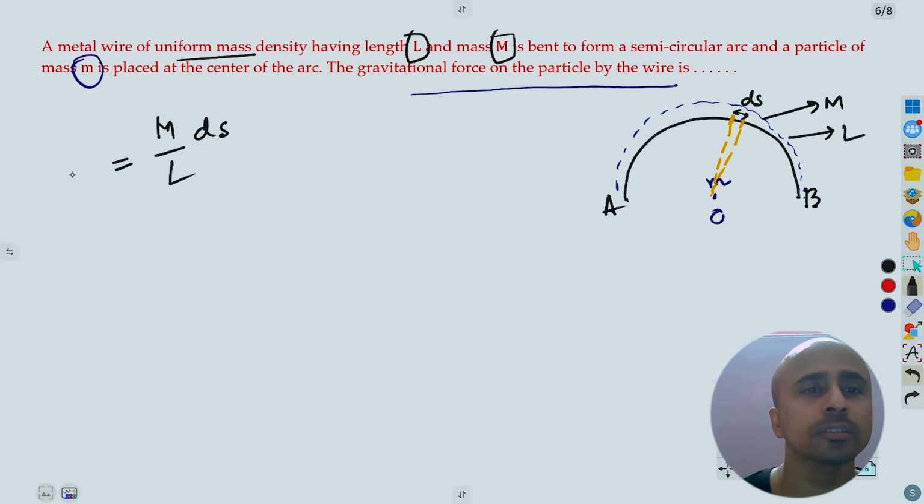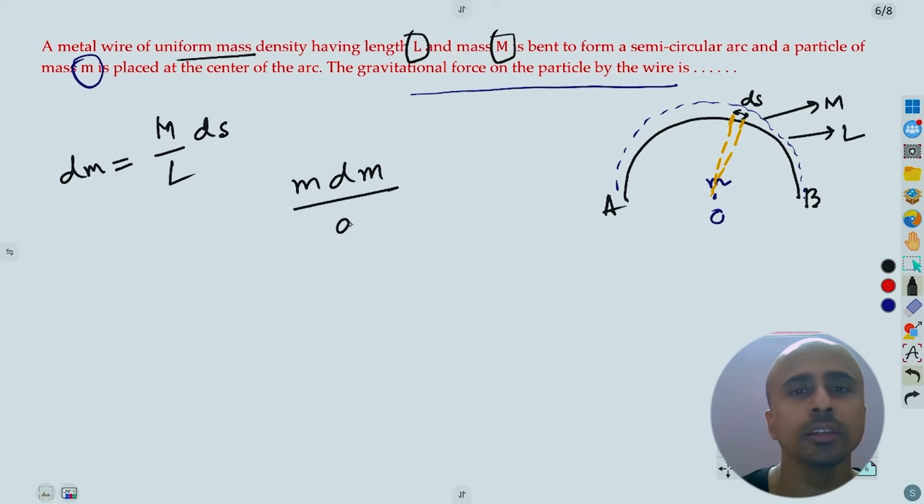The mass of this small segment dm is m by l ds, and the gravitational force due to the small mass upon m is G m dm by s square. Yes, this is the magnitude of the gravitational force.